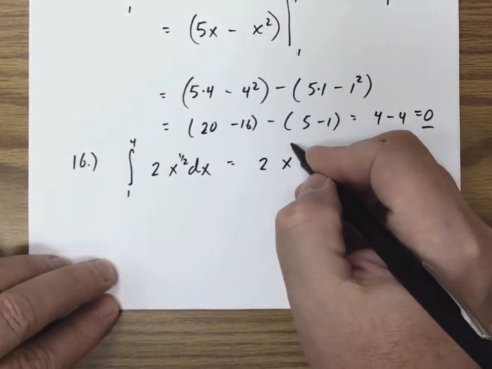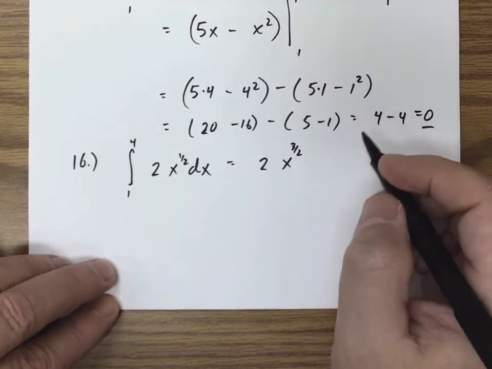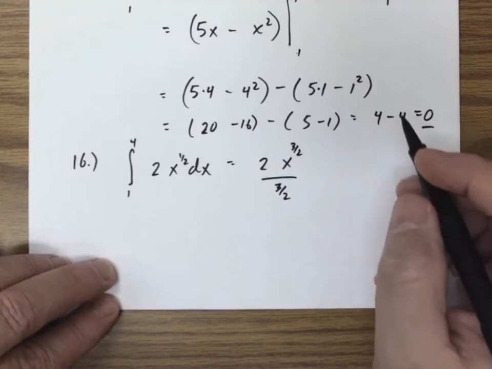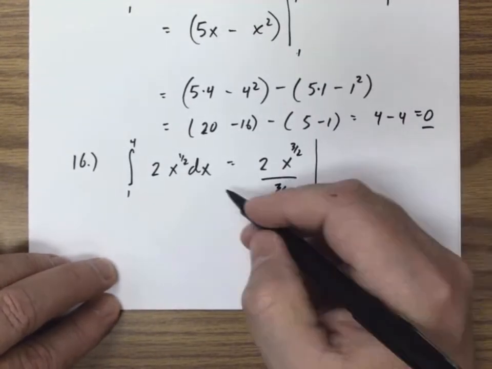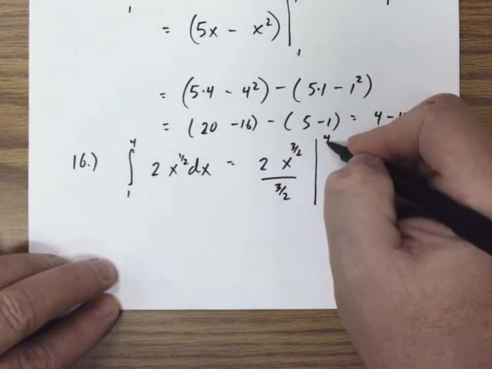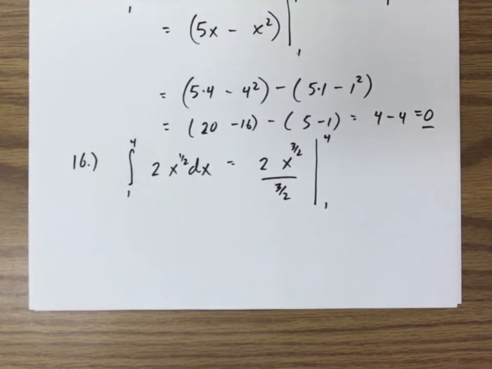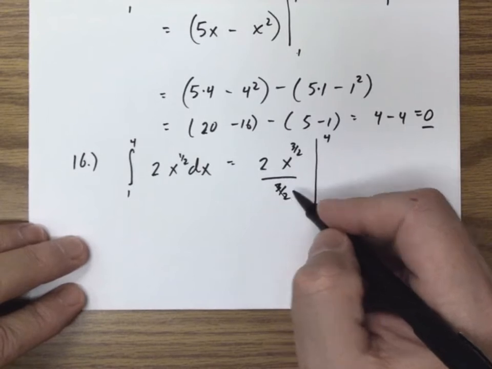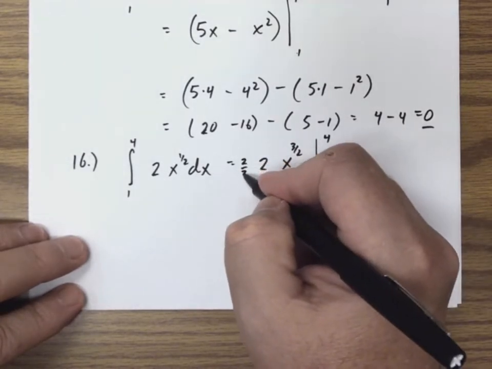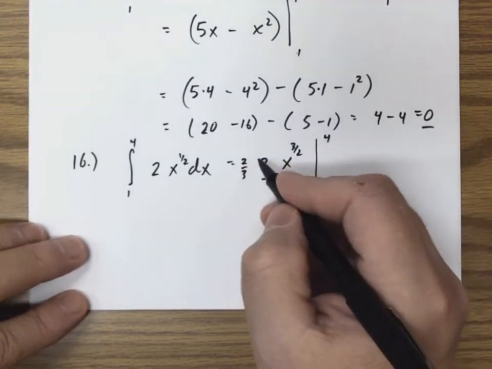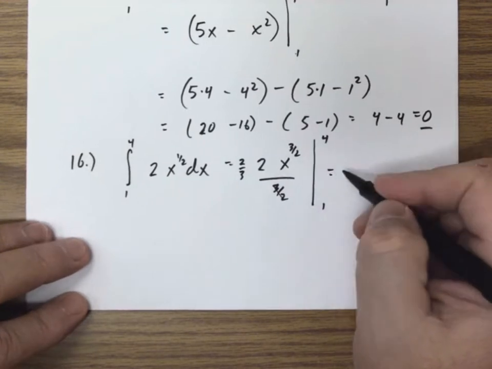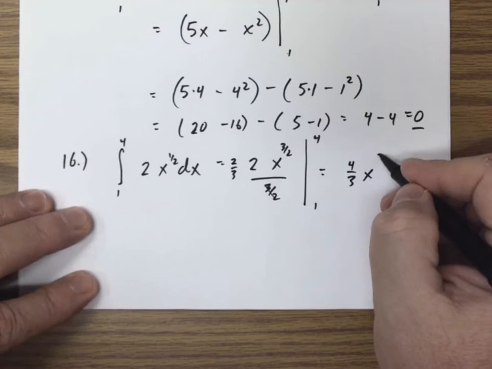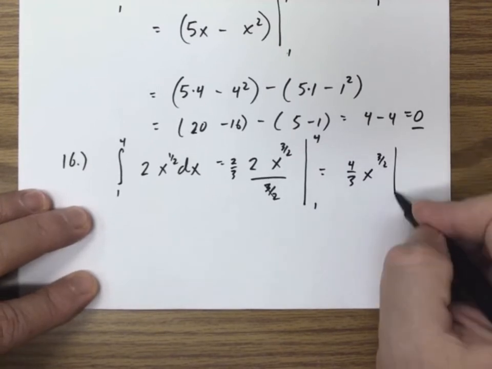Add 1 to your exponent, divide by the new exponent, and all of that, we're going to evaluate it from 1 to 4. Complex fraction, multiply the top by the reciprocal. This looks like 4/3 x to the 3/2.